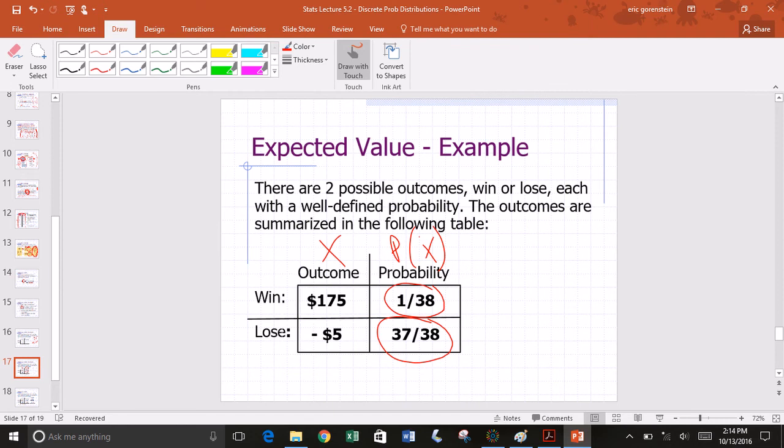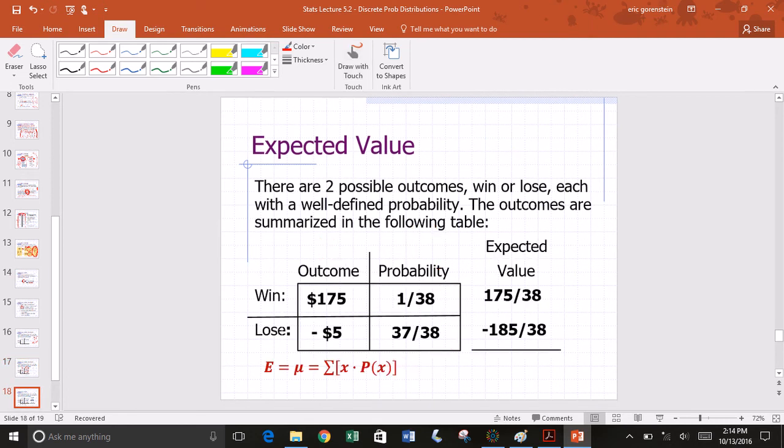Now, when we're talking about the expected value, we take, and down here I have the formula, the summation of x times p of x. So if we take x, which is, in the first case 175, times p of x, we get 175 over 38.